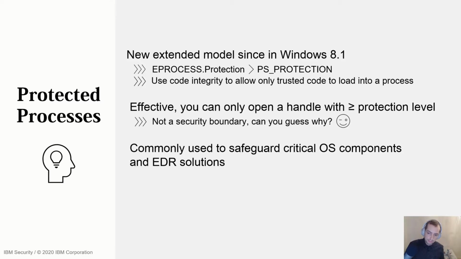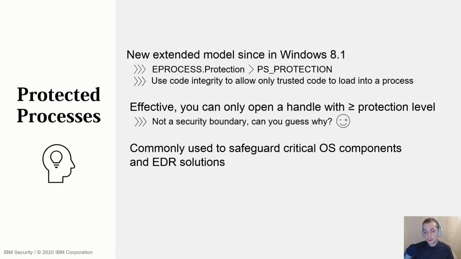Now, again, Microsoft does not consider protected processes a security boundary, and I think you can maybe guess why. The crux of it is that those protected processes are defined in kernel structures, and if you can modify those kernel structures, you can disable that protection.